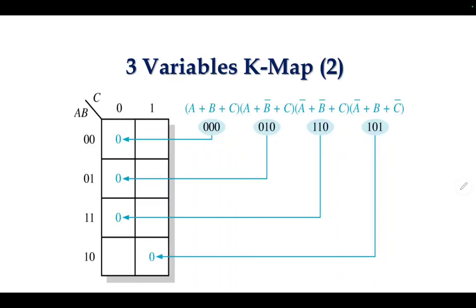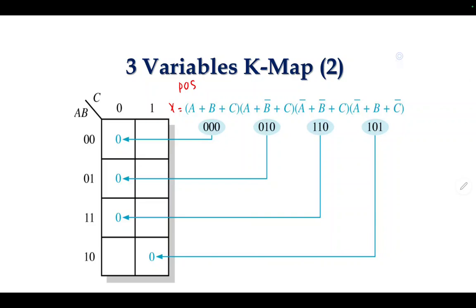This is another example for a 3-variable K-map. This example here is in POS: x equals a plus b plus c times a b plus b bar plus c times a bar plus b bar plus c times a bar plus b plus c.